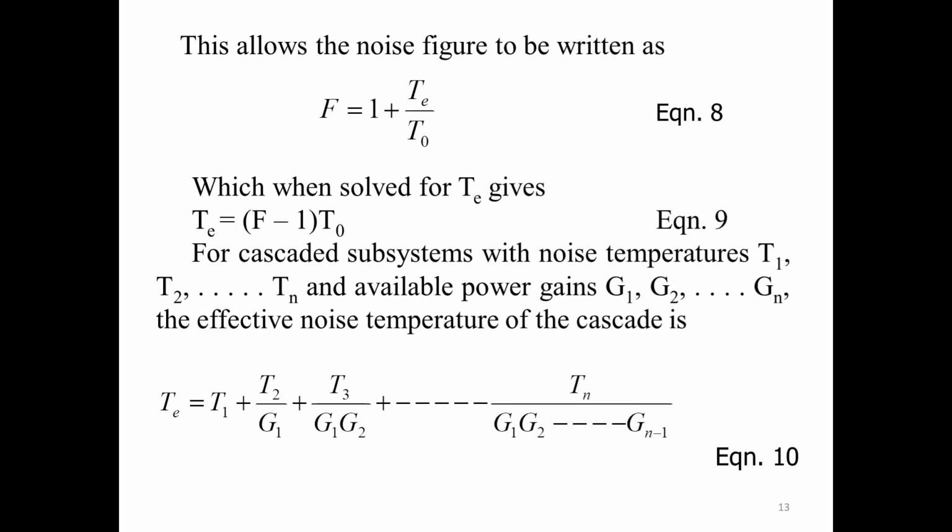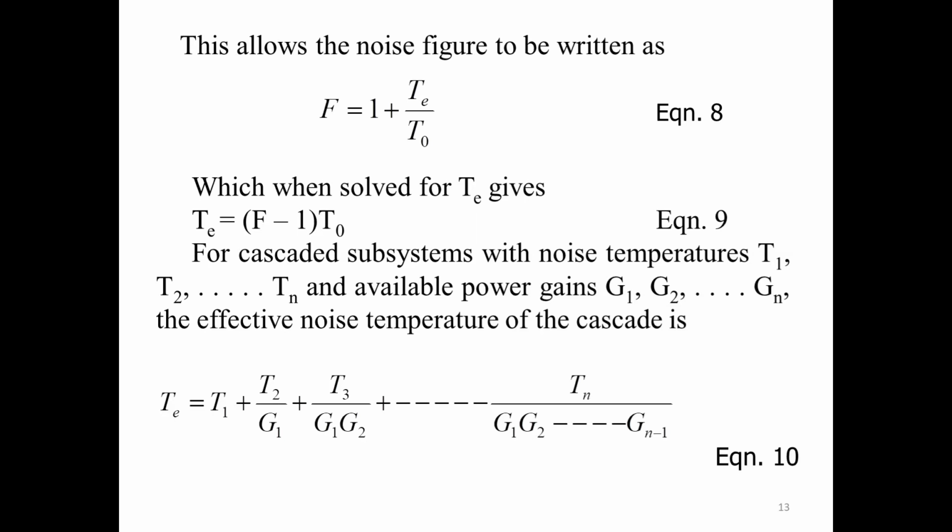This allows the noise figure to be written as F equal to 1 plus TE over T naught, which when solved for TE gives TE equals F minus 1 times T naught.